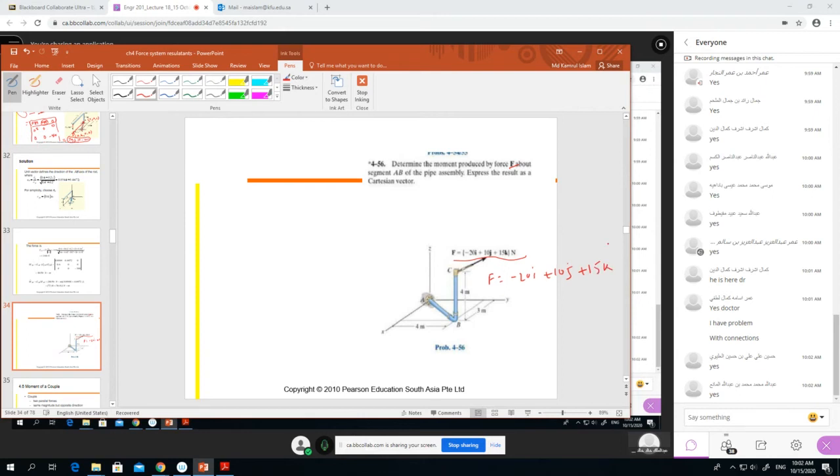Now find the moment with respect to segment AB.